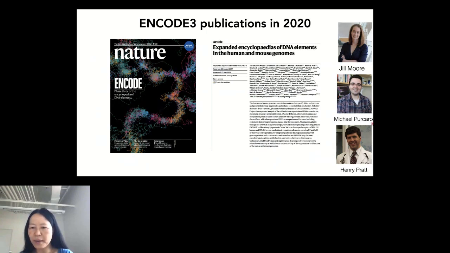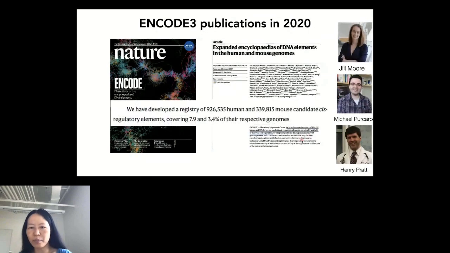So Jill Moore, Michael Purcaro, and Henry Pratt were students in my lab at that time, and they were key contributors of this effort. So here is a sentence from the abstract of the paper. We have developed a registry of nearly 1 million human and 340,000 mouse cCREs, covering 8% and 3.4% of the human and mouse genomes.